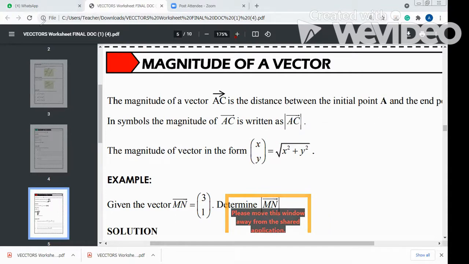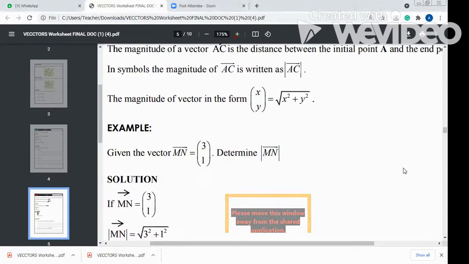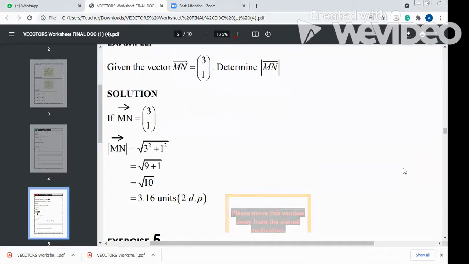All right, so let us look at an example. Given the vector MN is (3, 1), determine the magnitude of MN. It's very simple. You take the square root of 3 squared plus 1 squared.